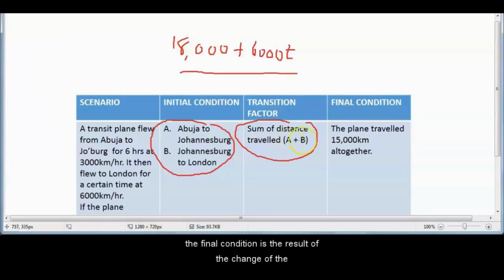Okay, the final condition is the result of the change in condition of the subject as a result of the action performed. As the plane travels from Abuja to London, the distance changed from 0 kilometers to 15,000 kilometers.